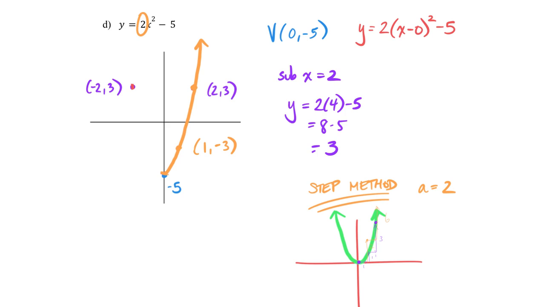Of course, I can reflect them, but it wouldn't require any points being labeled on the left side. Ooh, wow, that is a really bad shape. Because I have my 2 points on the right with my vertex. Okay, that's an example of your step method. And some people really like that. So I found a way to sneak in an alternate method in the end.